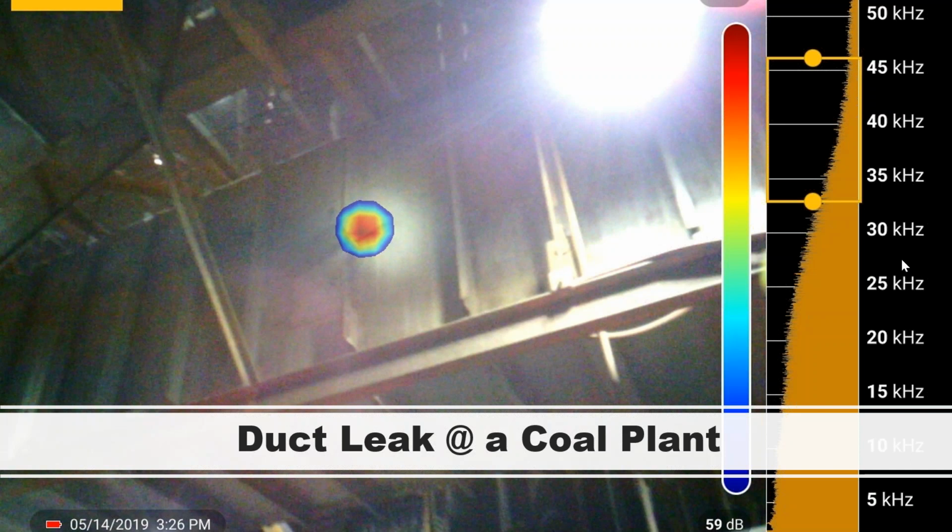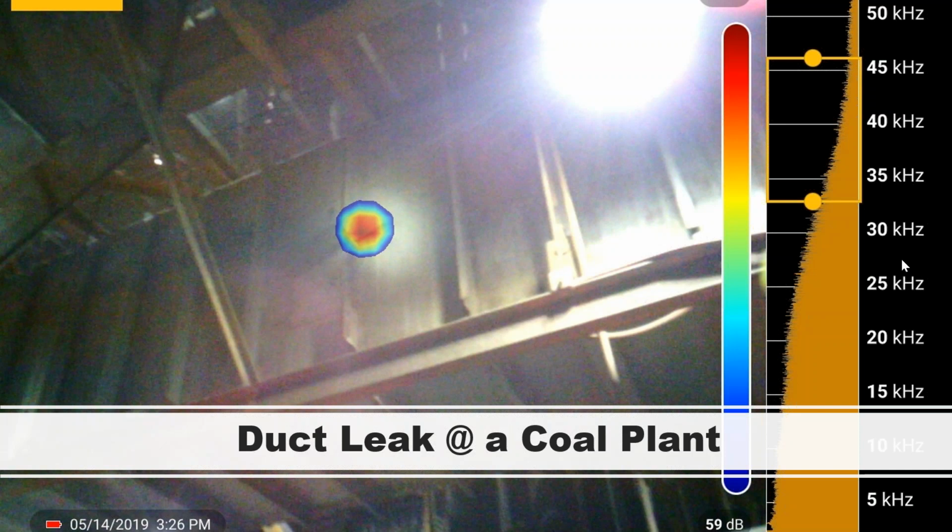And I've also detected very low flow air leaks at a rate of about 10 cubic centimeters per minute, at about 90 to 100 psi back pressure and standard atmospheric pressure of 14. So it's possible. It's going to depend on your situation.